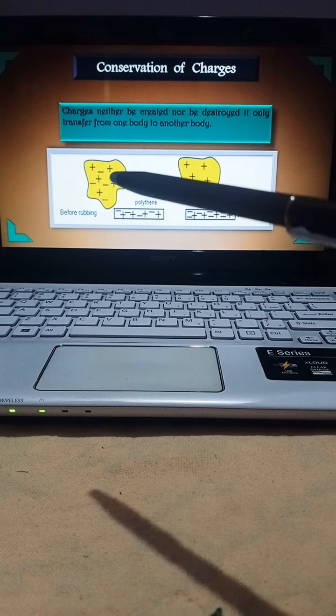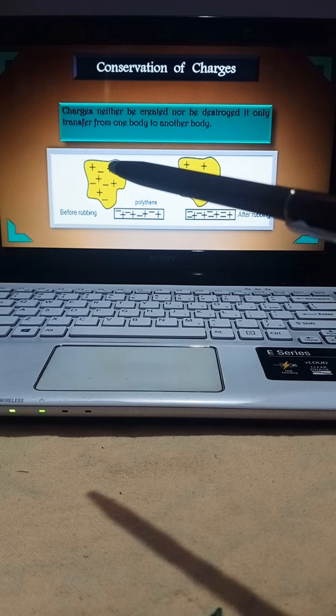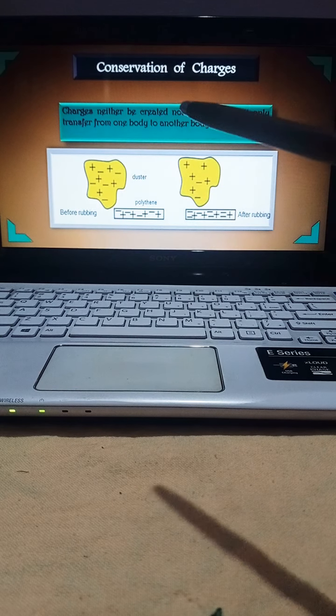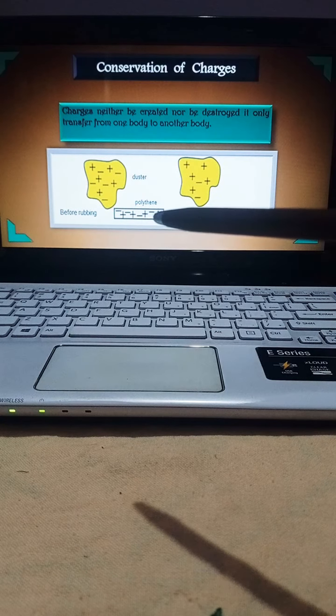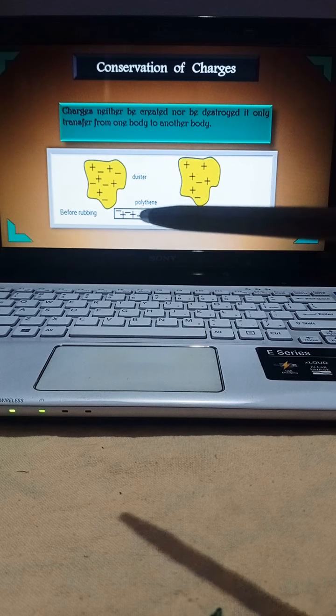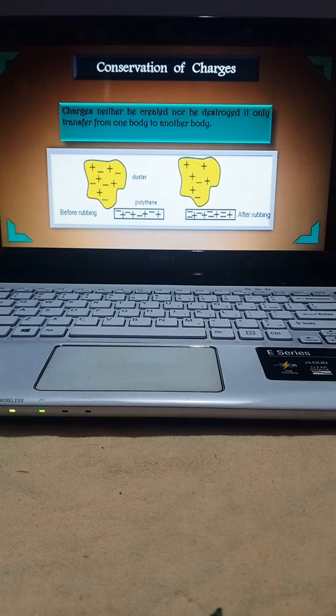This duster was earlier stable with 5 positive charges and 5 negative charges. Similarly, this polythene on which it is going to be rubbed also has 4 positive charges and 4 negative charges.